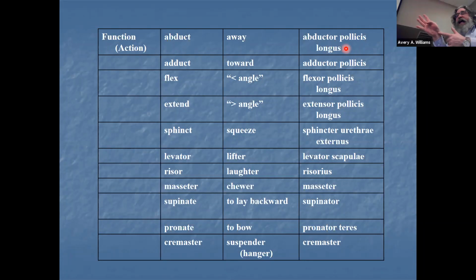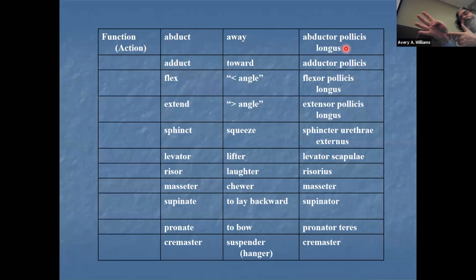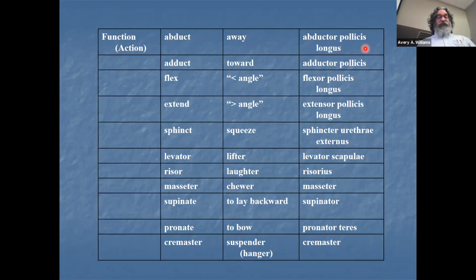If you're at the midline and you're moving away, that's pollicis abduction with a B. Can you all see that? I'm abducting my thumb, moving it away from the midline. The muscle that allows me to do that is my abductor pollicis longus.